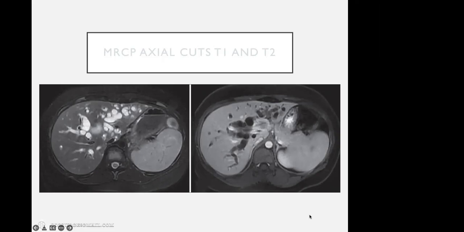So in the abdomen there are a few important things. From your surgical point of view, you have to read MRCP sequences. That is very important. MRCP gives you an idea, whatever the report says, you need to know if the patient is having jaundice or upper abdominal pain.